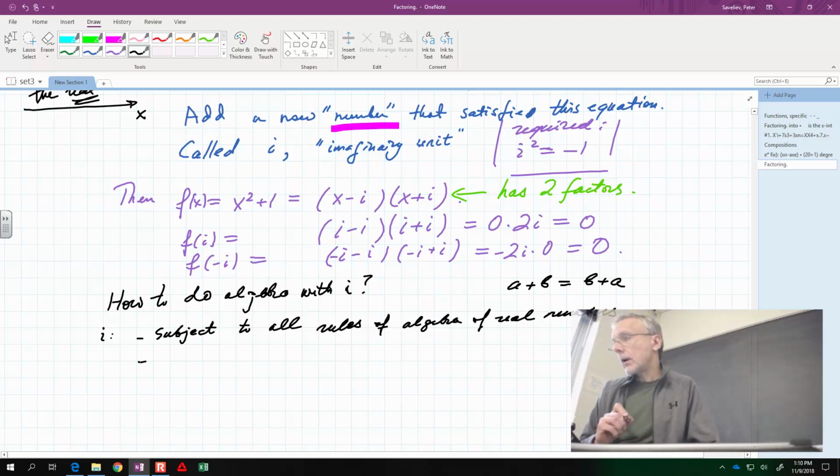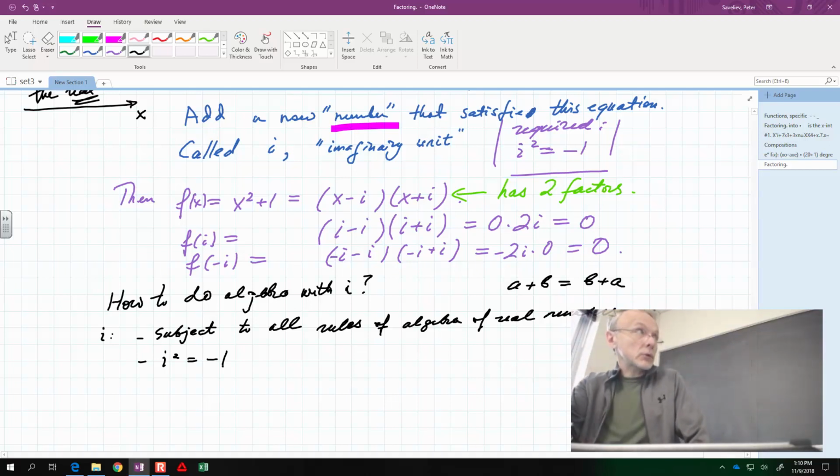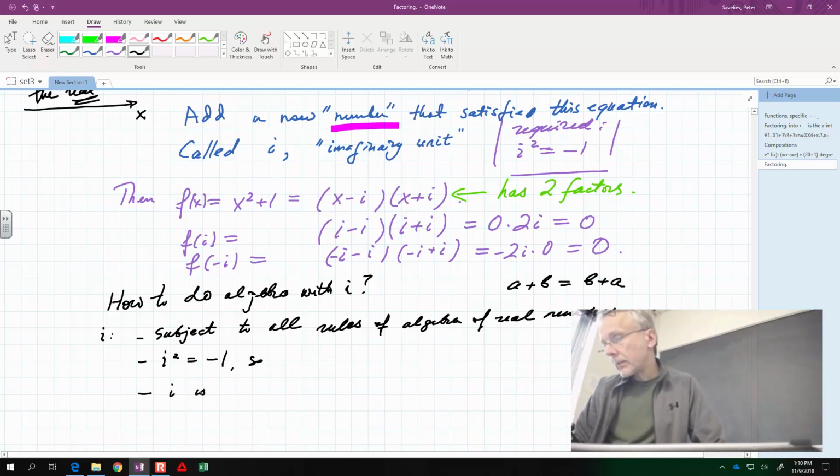But on the other hand, as the main property of where it originates, i squared is equal to -1. One of the operations that you can do with real numbers is to square a number. If you square i, you will get -1, which indicates i is not a real number.